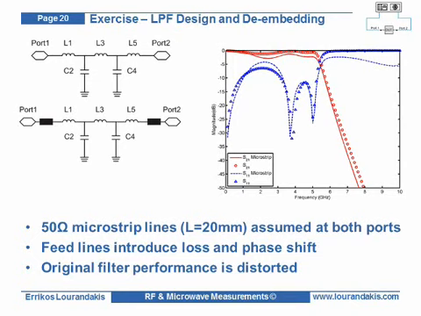By comparing the two sets of S parameters, we notice that the filter performance gets distorted. The microstrip lines at the filter input and output are inserting some loss and deteriorate the impedance matching. This is the reason why we want to de-embed them from the measurements or simulations.